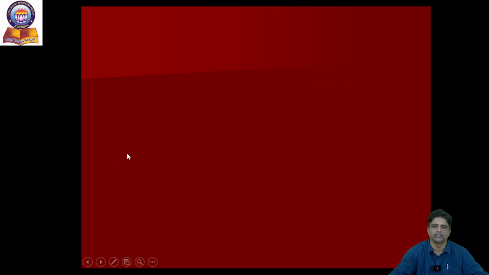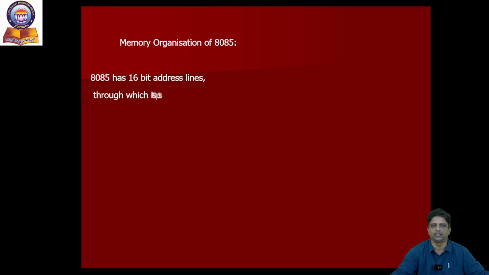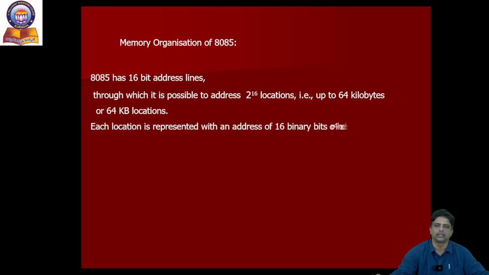Based on this, the memory operations or addressing of 8085 happen with the help of 16-bit address lines, through which we can map up to 2 power 16 locations, 64 kilobytes or 64 KB, something around 64,000 locations, and the capacity of each location is 8 bits.